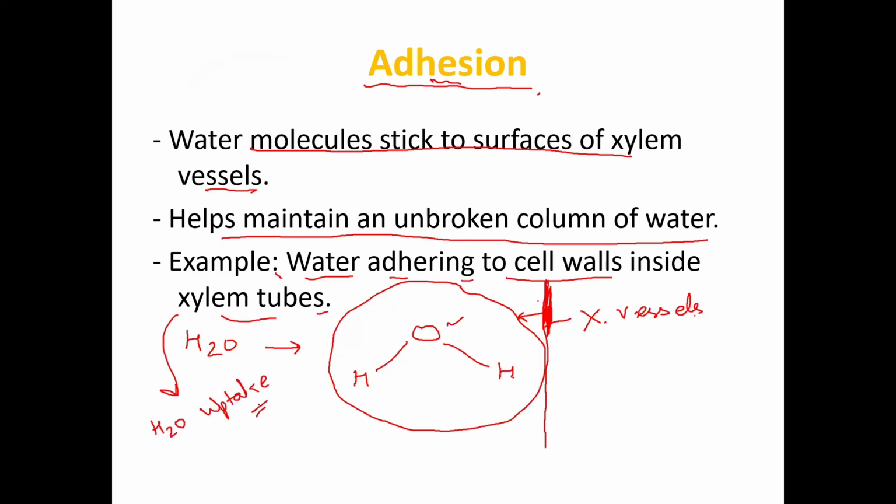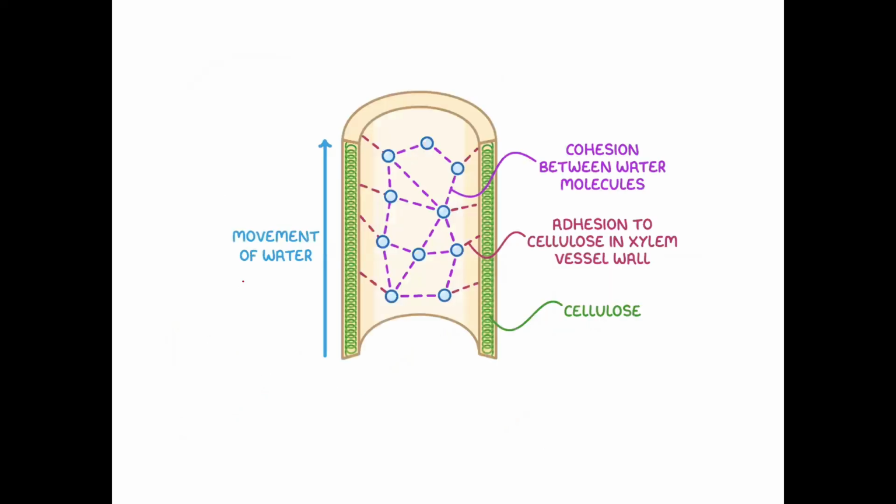So water sticks to the wall of the xylem tube, and this helps it move upward inside the plant. Let's understand with the help of this image. Focus on the word adhesion. This is the water molecule, this is the xylem vessel, the xylem wall.